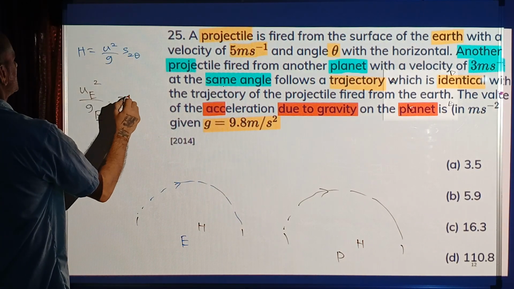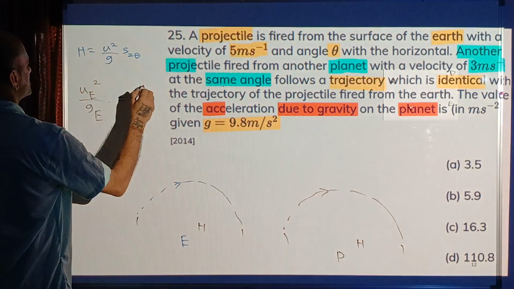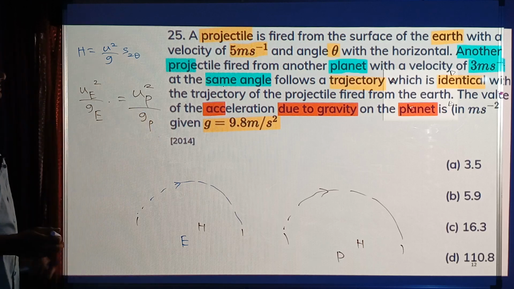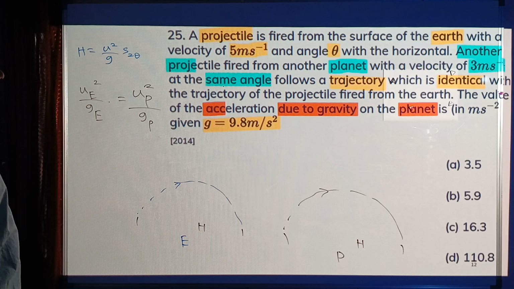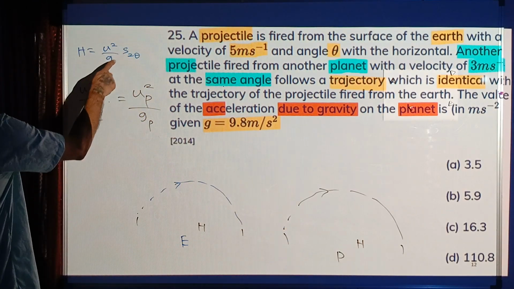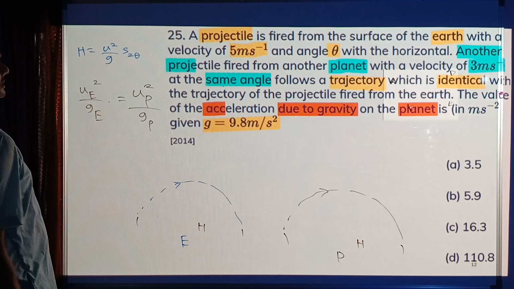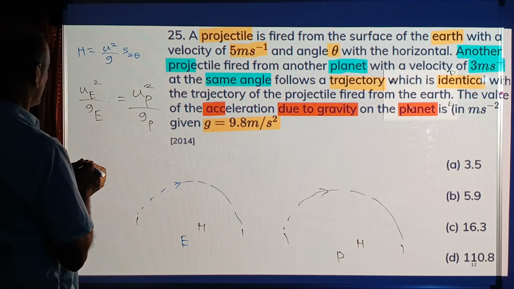So this should match with the trajectory on the planet, which is u_p square by gravity on the planet. Theta is the same, so it will cancel. This and this are exactly the same trajectory, so H should match. This should be the same for both Earth and the planet, and theta is the same for both. It's given in the question. So theta will cancel.